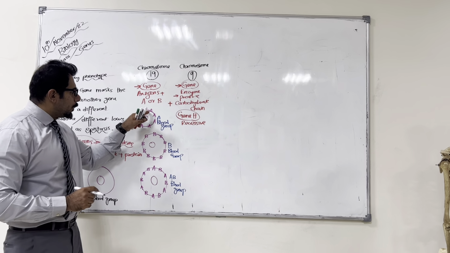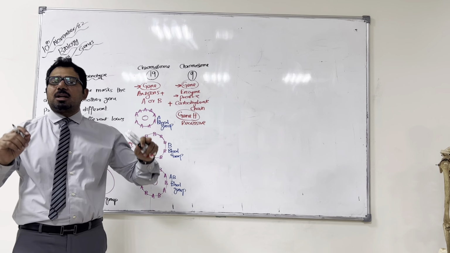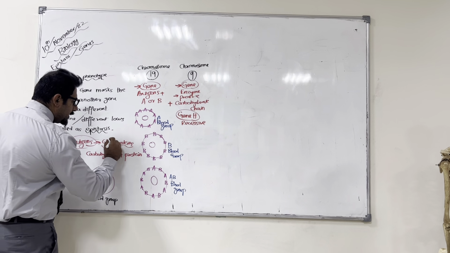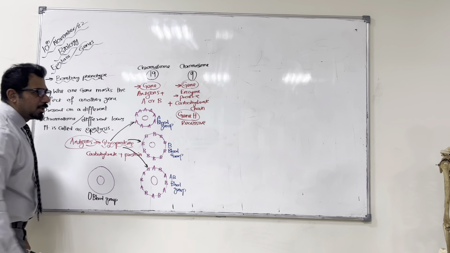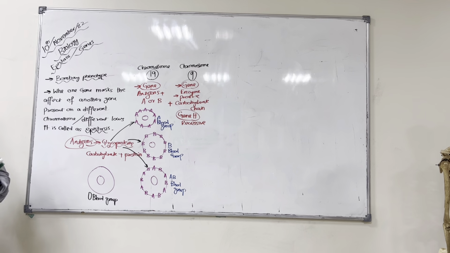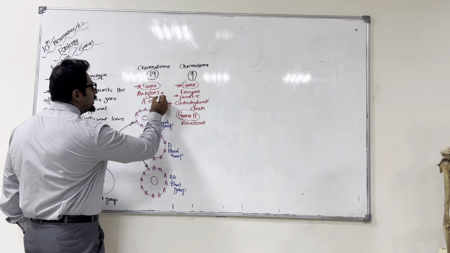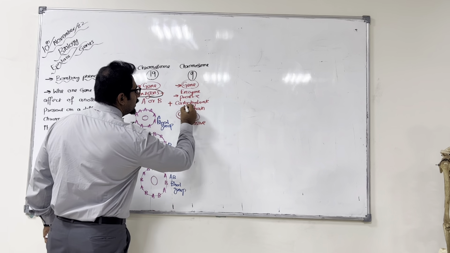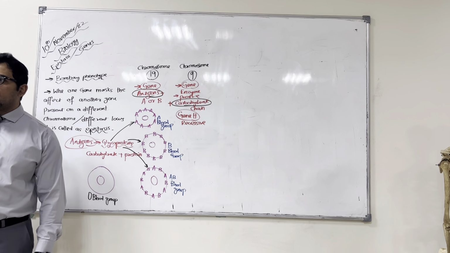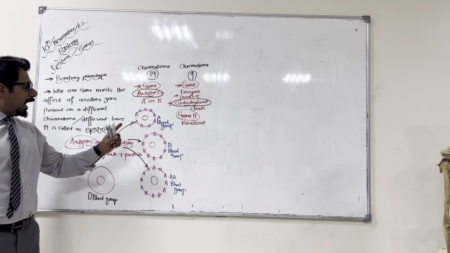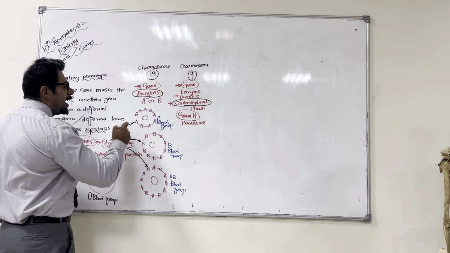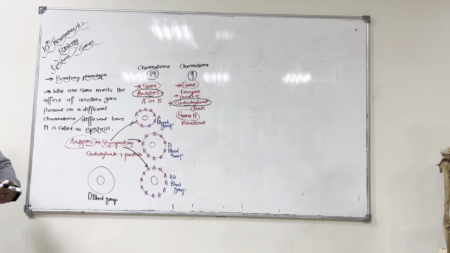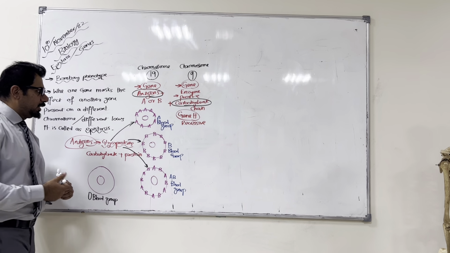Now, these antigens present on the surface are actually glycoproteins. And how are they made? By joining this protein with this carbohydrate chain. Now, if you remember yesterday's lecture, this person can have two genotypes. Let me use green color to represent.